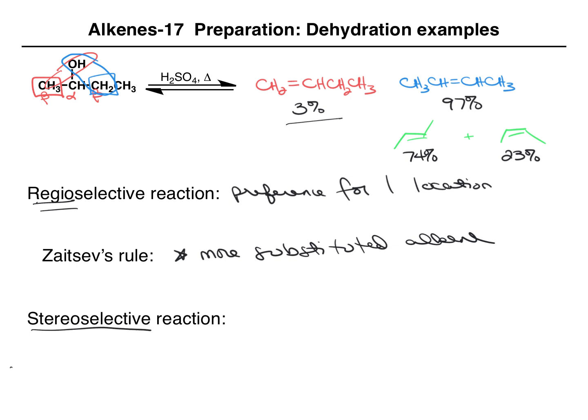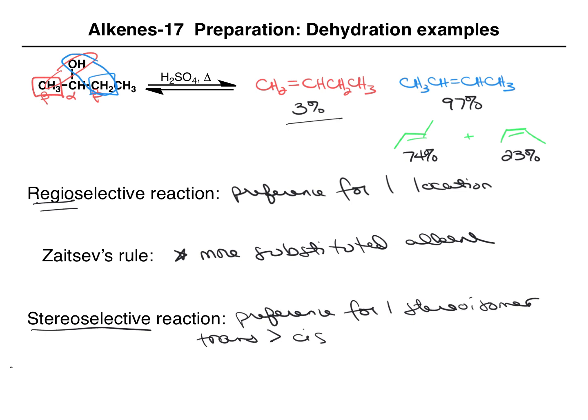So when a reaction can produce multiple stereoisomers, but shows a preference for one particular stereoisomer, then it is a stereoselective reaction. And so trans is preferred over cis.